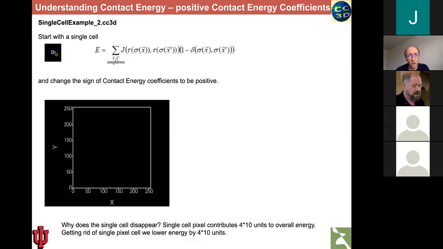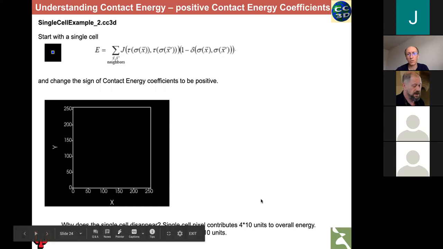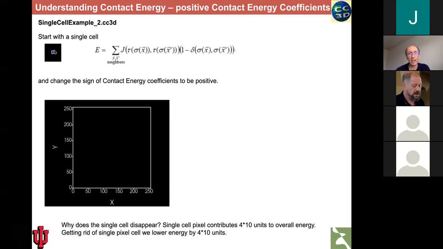Before my pixel copy attempt, I had 4 interfaces between cell and medium, and each interface contributed 10 units of energy. So my total overall energy, because I have only contact energy, was 40 units. If I get rid of the cell, if I override this pixel belonging to a cell with a pixel belonging to medium, I will go from 40 units of energy to 0 units of energy.